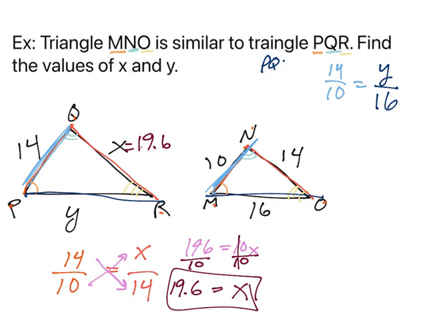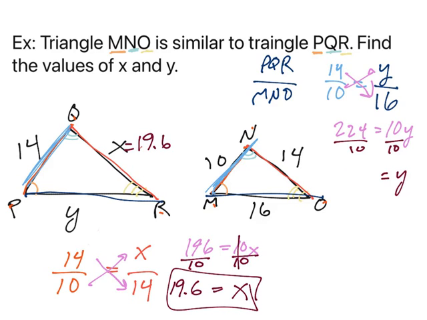So the triangle PQR is in the numerator and triangle MNO is in the denominator. That's important. Now we cross multiply. So 14 times 16 gives me 224 equals 10y. Divide both sides by 10, and my y value is 22.4.